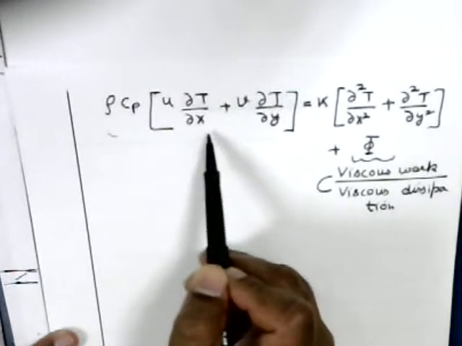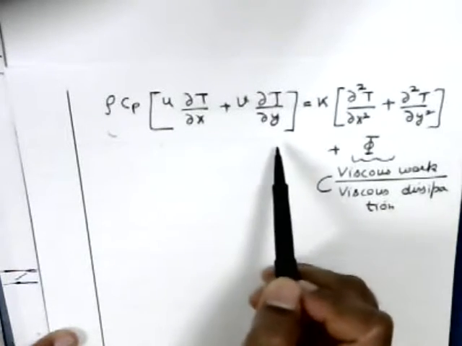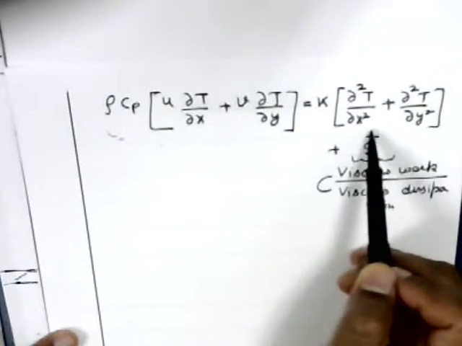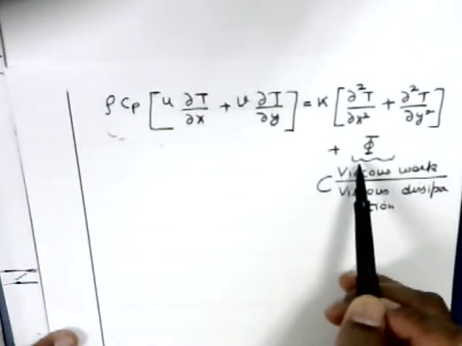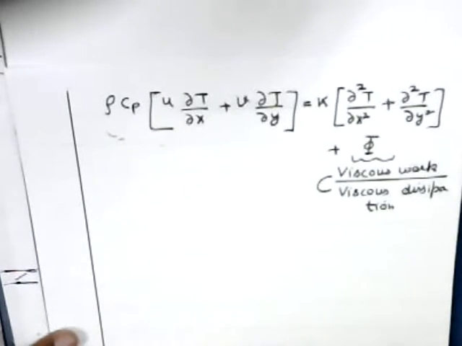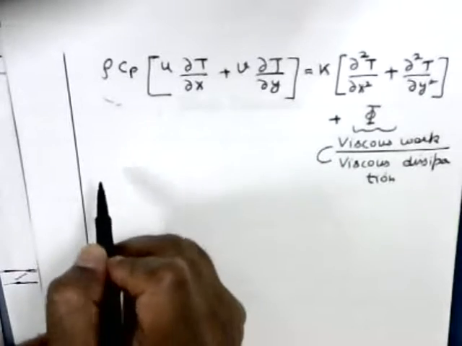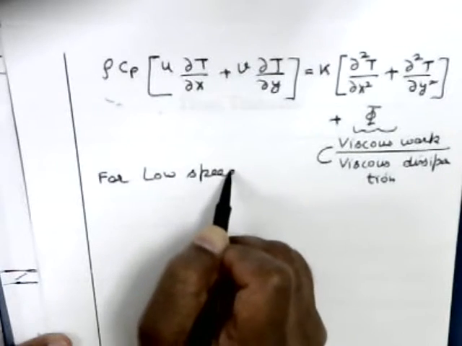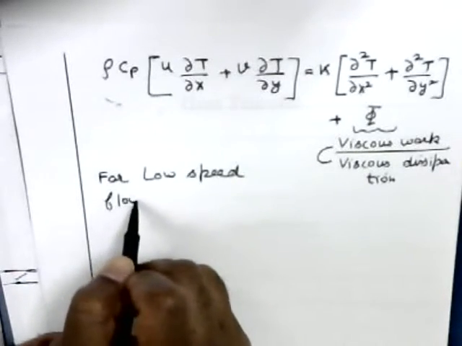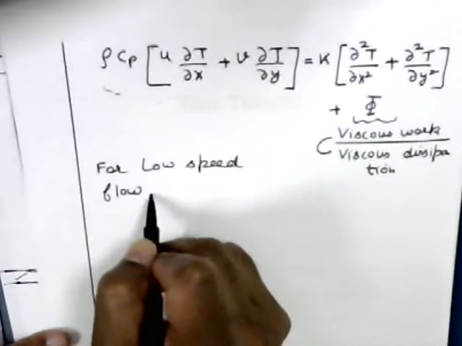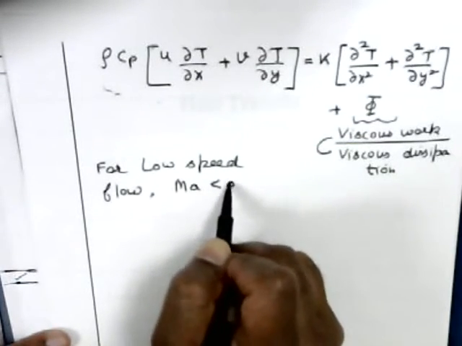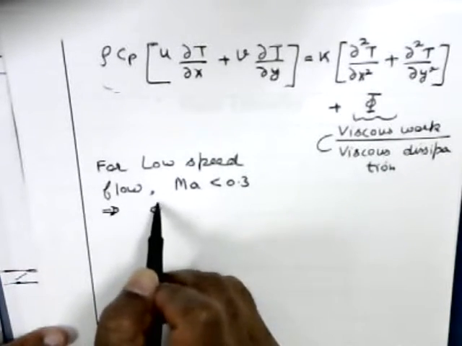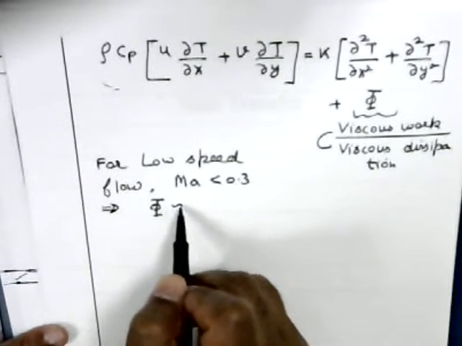So this corresponds to net advection. You have advection, flow into and out of the control volume. This term corresponds to advection. This corresponds to net conduction, and this is viscous dissipation. Okay. It turns out that for low speed flow, say Mach number is less than 0.3, so the flow is incompressible, the effect of this viscous dissipation is negligible.